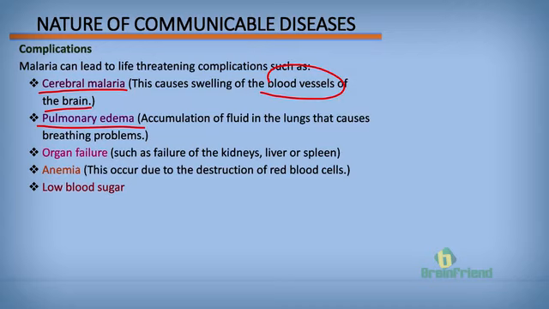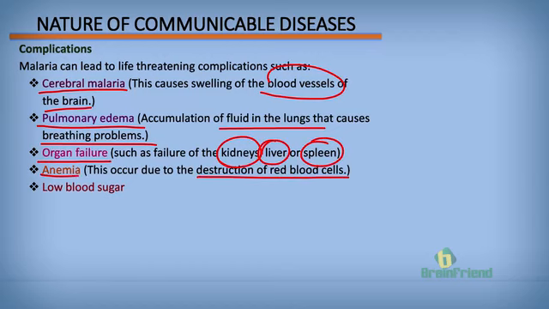It's simply the accumulation of fluid in the lungs that causes breathing problems. Another complication is organ failure, such as failure of the kidneys, liver, or spleen. Then we have anemia. This occurs due to the destruction of the red blood cells. Then we have low blood sugar. These are complications that come from not treating malaria.